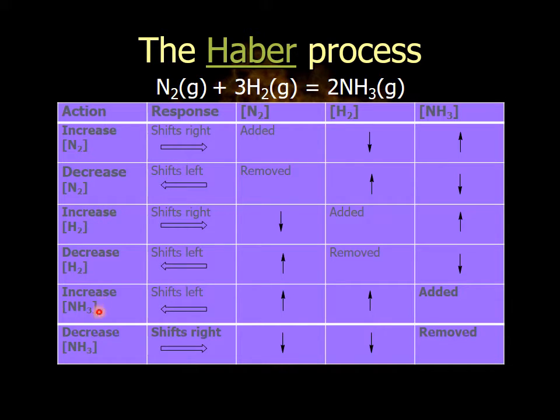Similarly, we could increase or decrease the product NH3. And this chart goes through all of the changes in the products and reactants concentrations for all of those 6 changes. I'm not going to go through it in detail, but all of them are consistent with the predictions of Le Chatelier's principle.